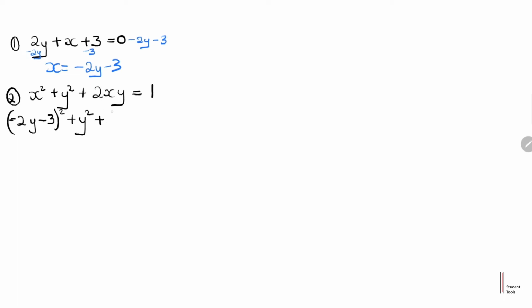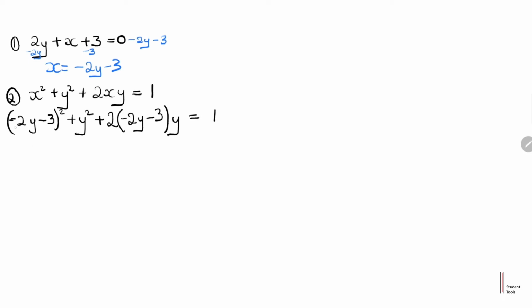So you know that instead of x, we will use minus 2y minus 3. So 2 multiplied by minus 2y minus 3. Close bracket, and then we also multiply with the y. All this is equal to a positive 1.